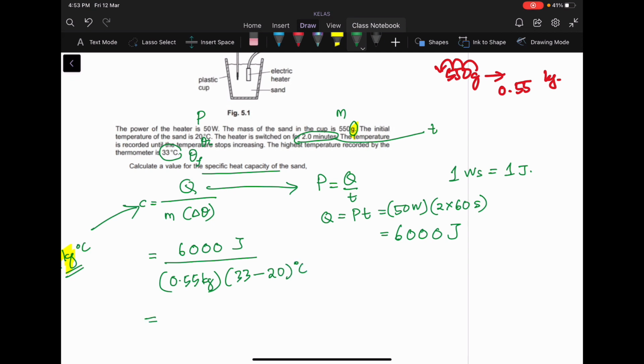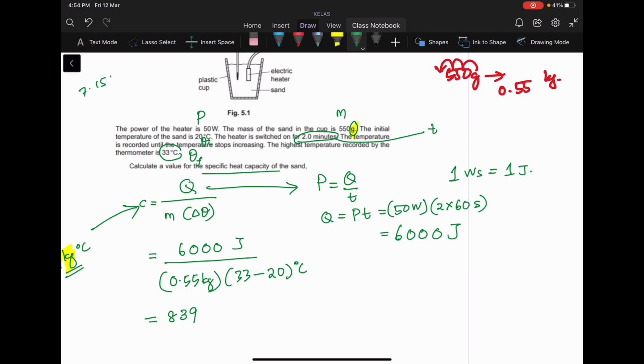So 13 times 0.55, and we have 6000 divided by that. The answer is 839. How do you get this?